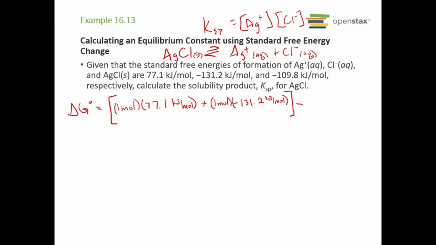And we're subtracting our reactant, 1 mole of AgCl times its delta G, which is negative 109.8 kilojoules per mole. So this delta G comes out to be 55.7 kilojoules.